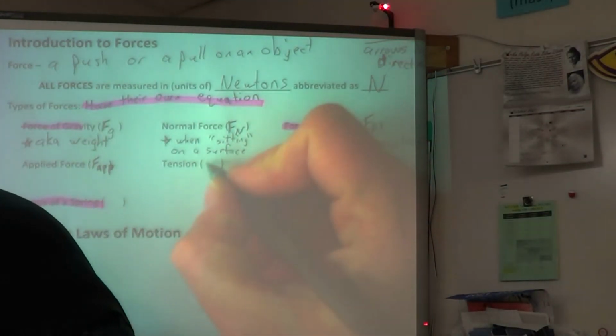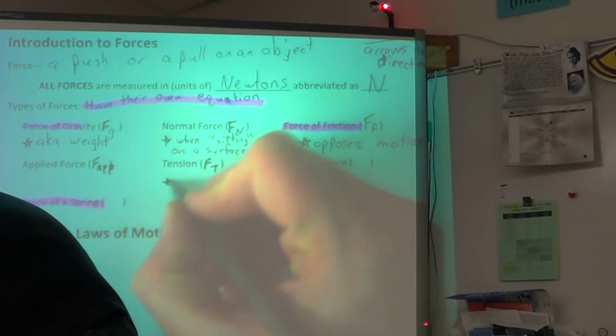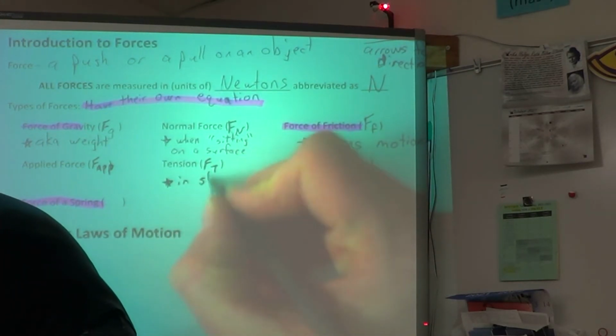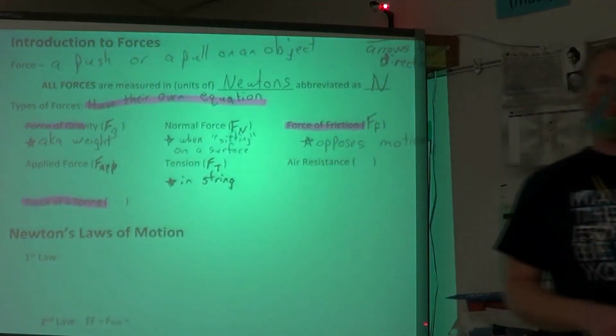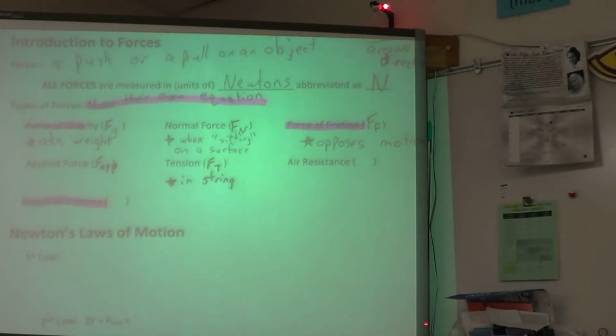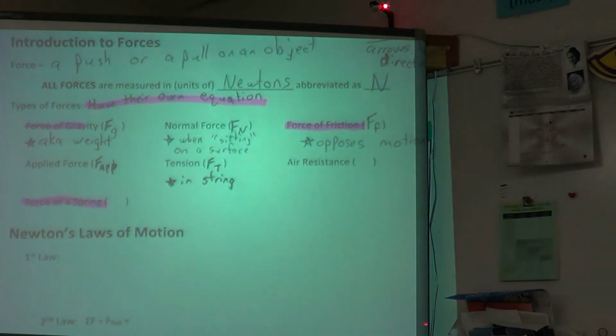A slight variation of applied force would be tension. And when we talk about tension, we're talking about tension in a string, in a rope, in a chain. But depending upon what the tension is, we might call it applied force too.